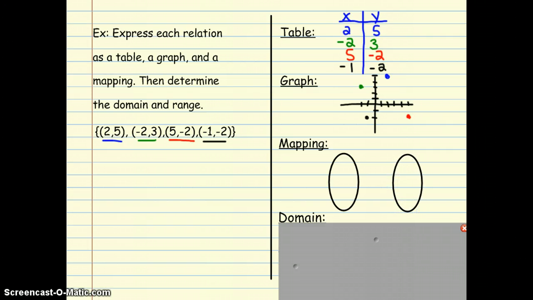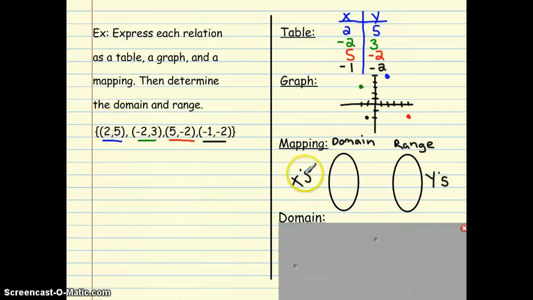For this, you're going to have your domain, which you might remember from the front are your x's on this side, and you're going to have your range here, which is your y's on this side.